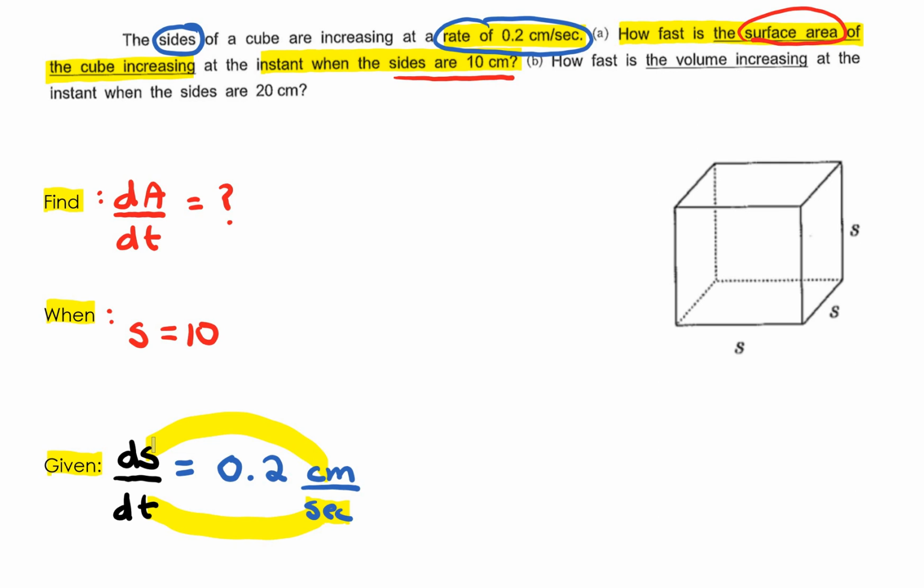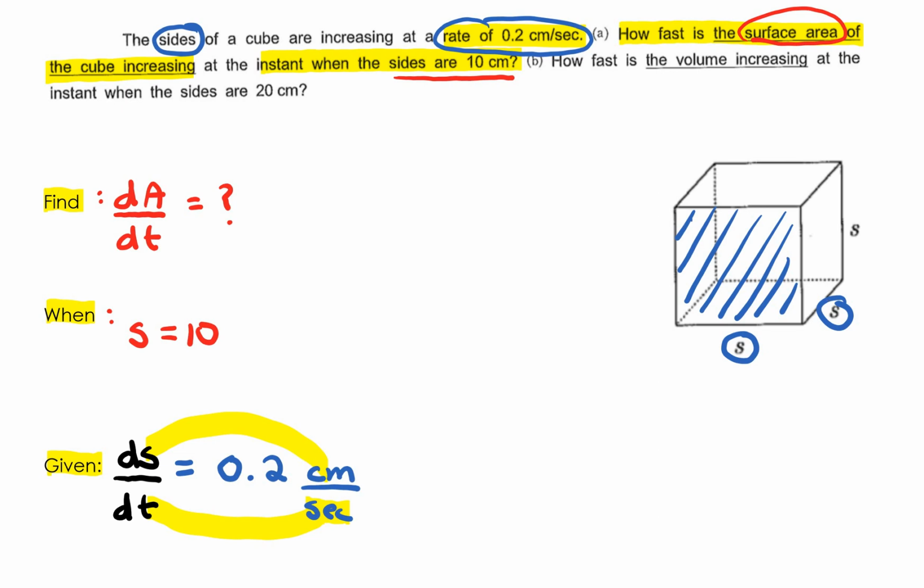Okay, once we have all that, we need to find a formula that relates all of this. Since we're dealing with a 3D cube, we need the surface area of a cube. If I take a look at this front piece, the area of that is just length times width, so it would be s times s. And you have to recognize that you have 6 sides: 4 on the side, and a top and a bottom.